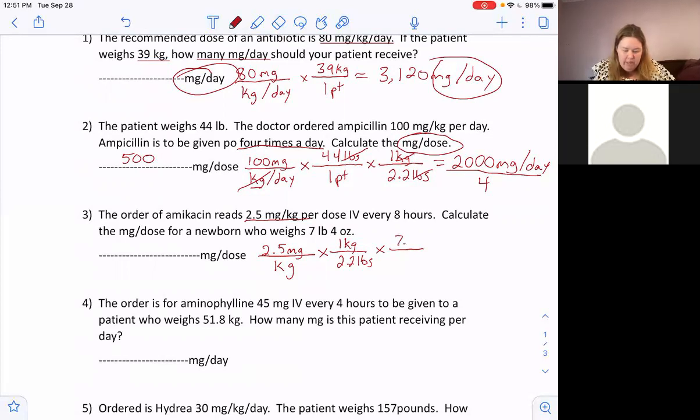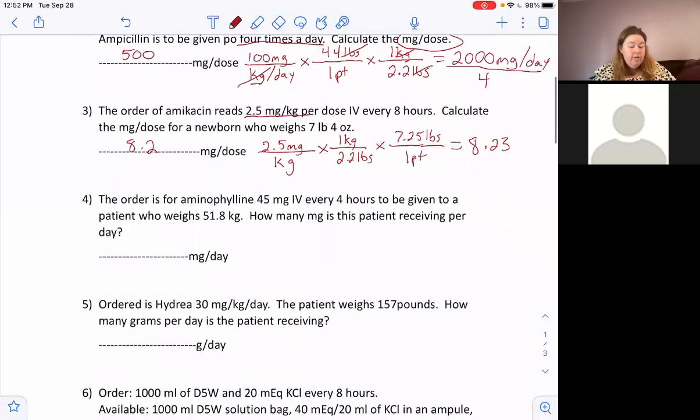So 7.25 pounds for one patient. And that is 2.5 times 7.25 divided by 2.2 equals 8.23. So that would round to 8.2.